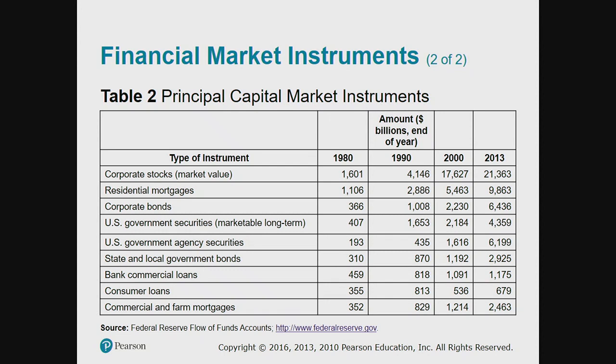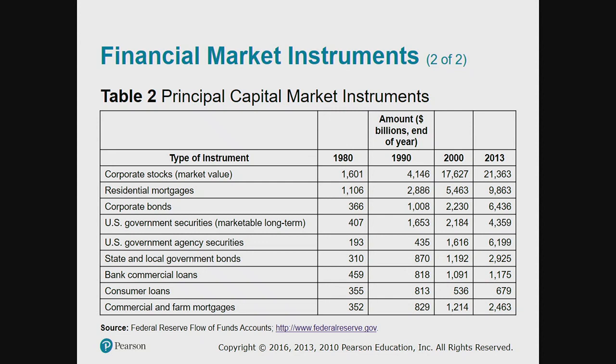Then the capital market is just a list of all the different types of instruments, from corporate stocks and mortgages to corporate bonds, government longer-term debt, commercial loans, consumer loans, and different types of mortgages.